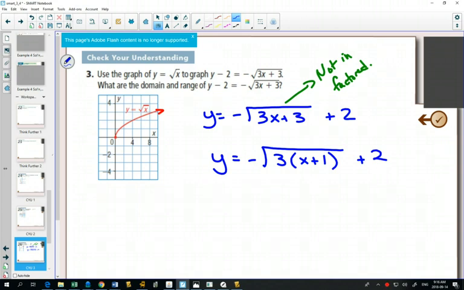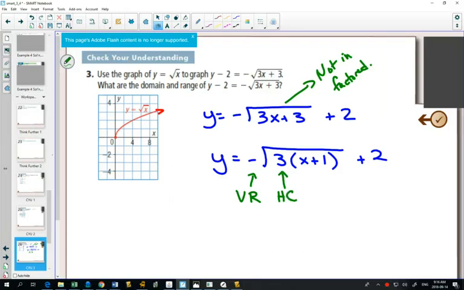After factoring it, now this is in the form that we're used to. We can go from left to right and just label what everything is. So the first negative, inside the function or outside of the function? Outside. So outside is going to be vertical, and a negative is a reflection. The 3, inside the function, is horizontal, and it would be a horizontal compression.